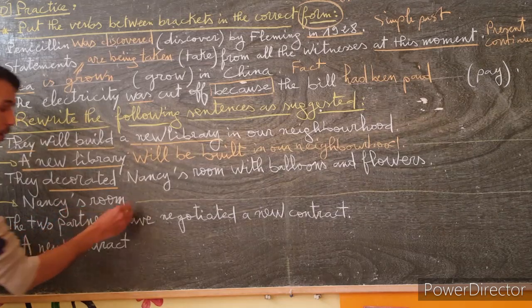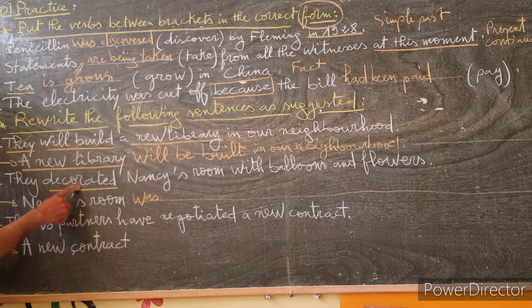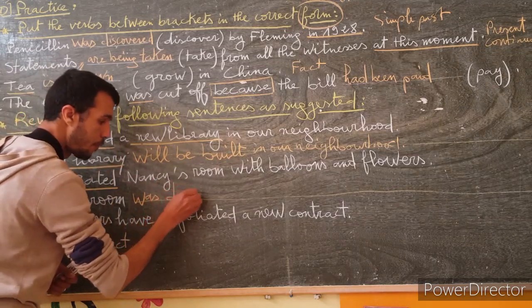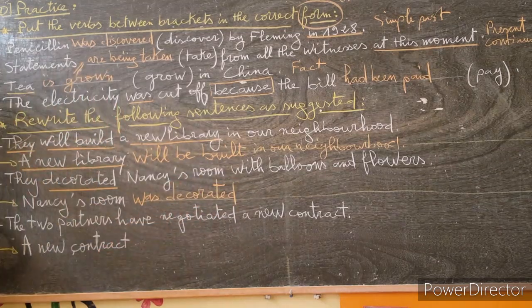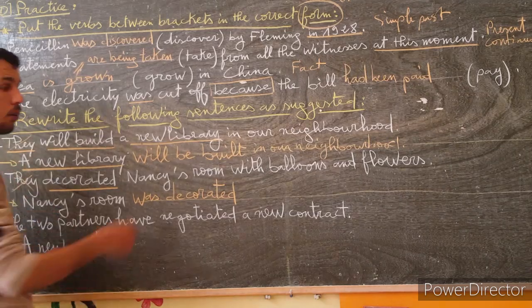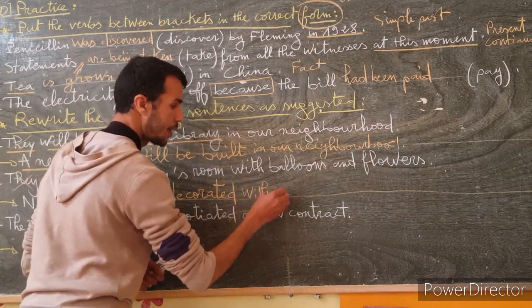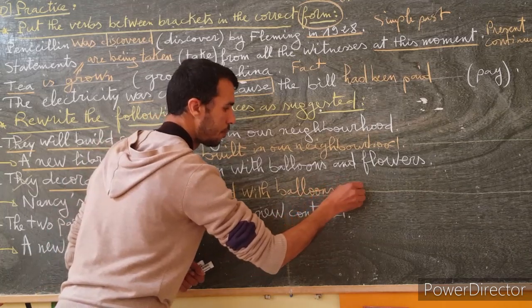Nancy's room is singular, so we are going to write was, plus the verb in past participle. So with ed, we don't have any problem. So, was decorated. By, no, because here we have they, which is unknown too. So was decorated, and we continue the rest of the sentence with balloons and flowers.